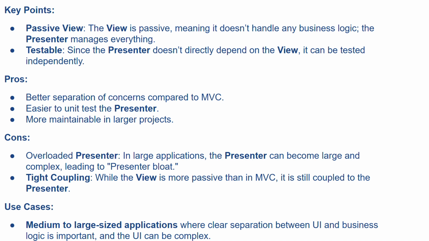It is also tightly coupled, but better than MVC. We can use this in medium to large applications, but generally we prefer MVVM, and that will be covered later in the series of videos. And this is how MVP works.